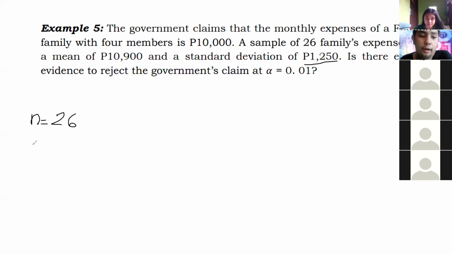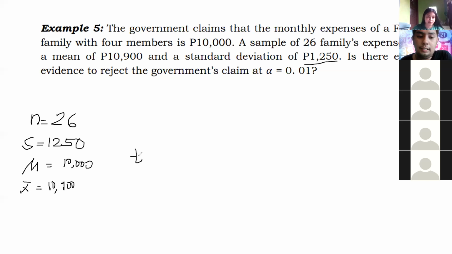This 1,250 is a sample standard deviation. What is our 10,000? That's the population mean of 10,000. And our 10,900 is our sample mean.